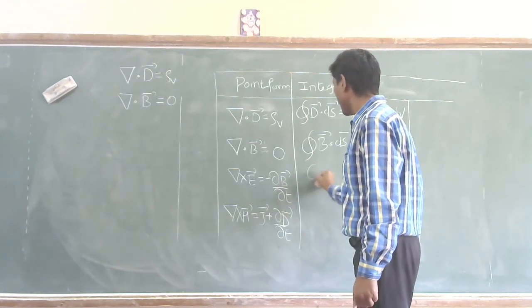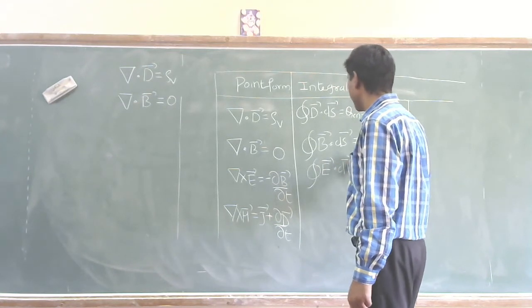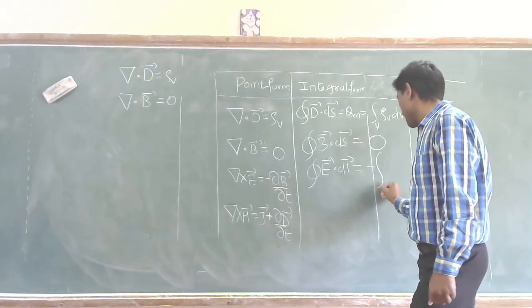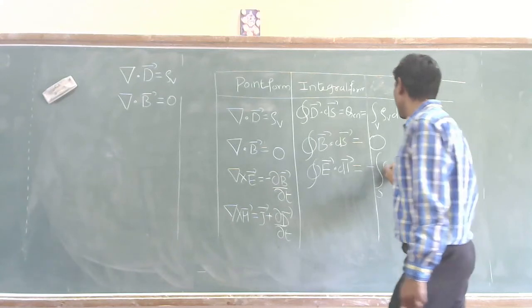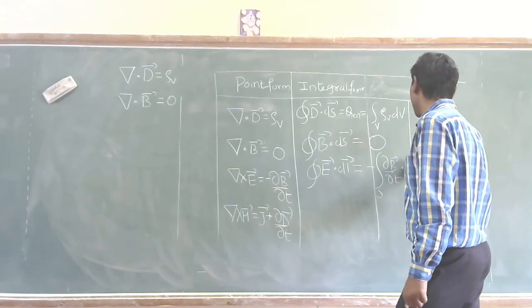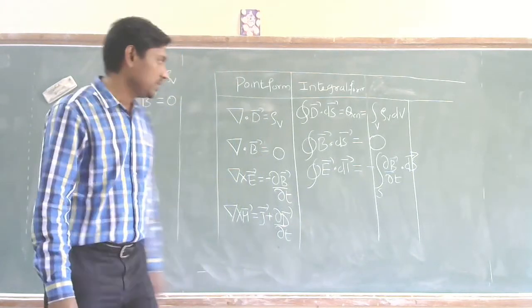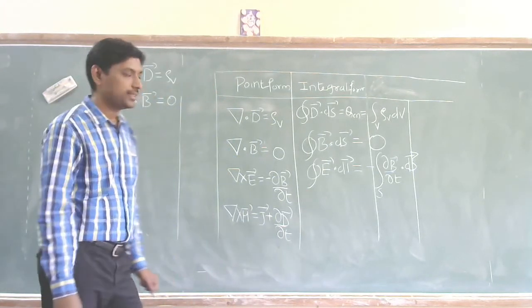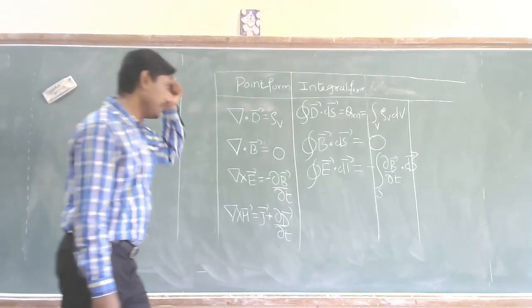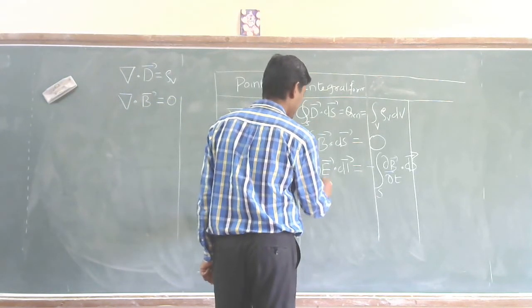And this one, we know that the closed loop line integral of E is equal to minus the surface integral of dou B by dou T dot dS. This is what we have seen in the morning.